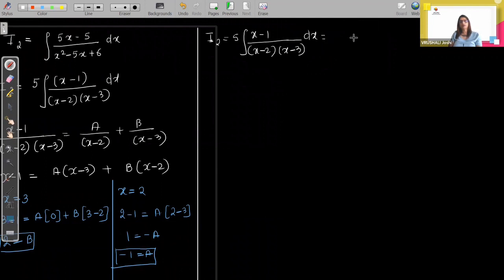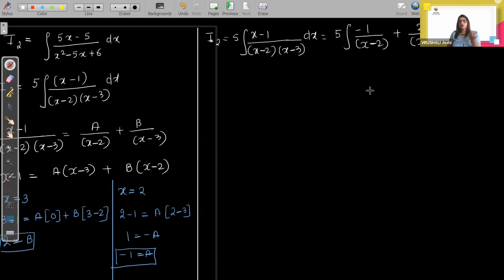Further, we can write this as 5 integration of a's value, which is minus 1 by x minus 2, and b's value, which came as 2, so that's going to be plus 2 by x minus 3 dx.